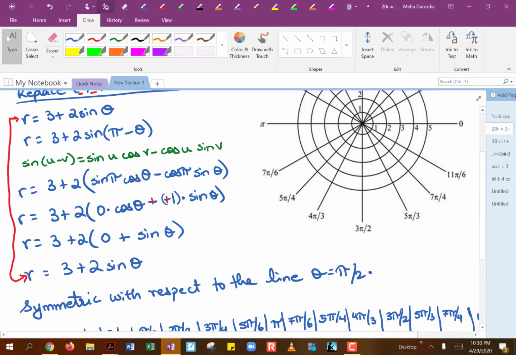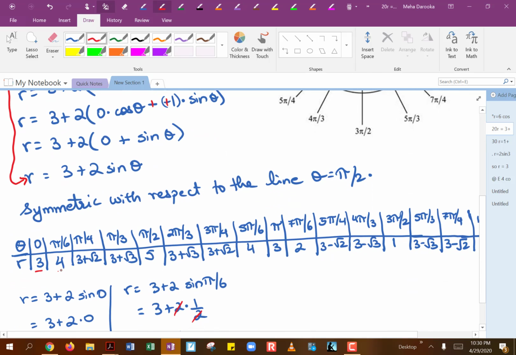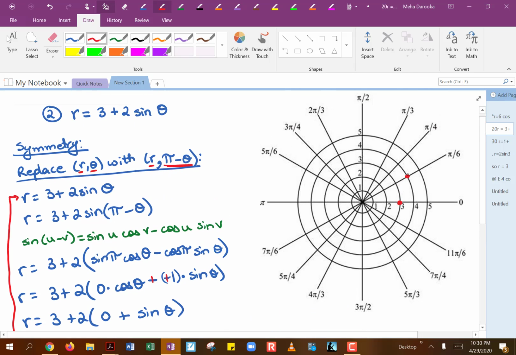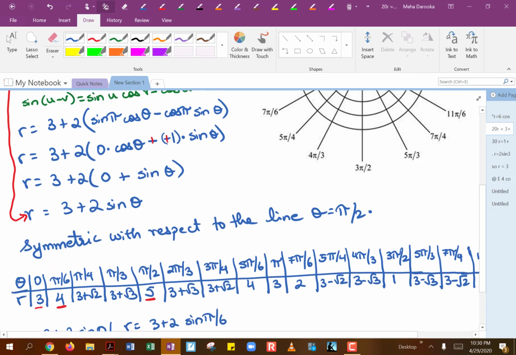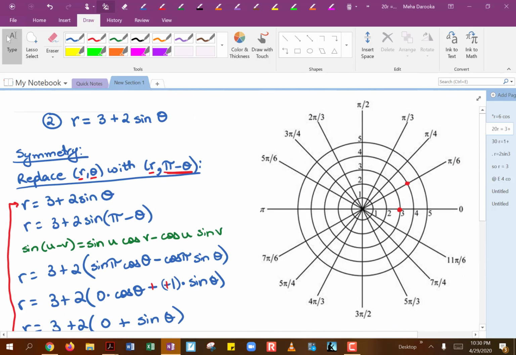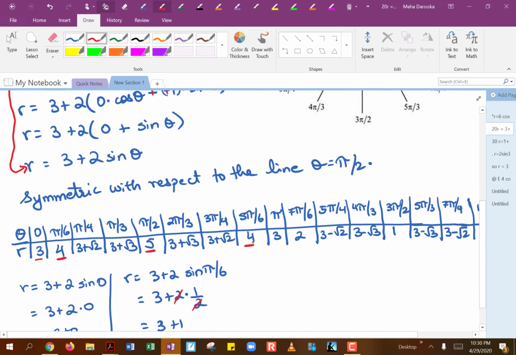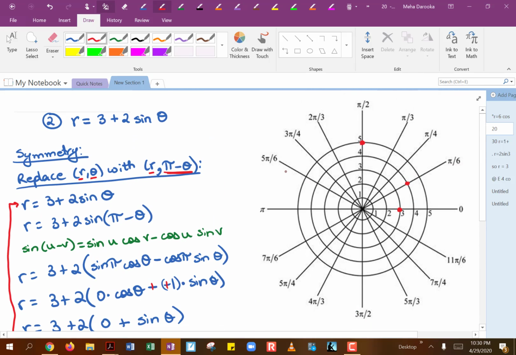So let's start with 0, 3. That is at the angle 0 and 3. Then pi over 6 is at 4, so that would be here. Pi halves is at 5. 5 pi over 6 is at 4.